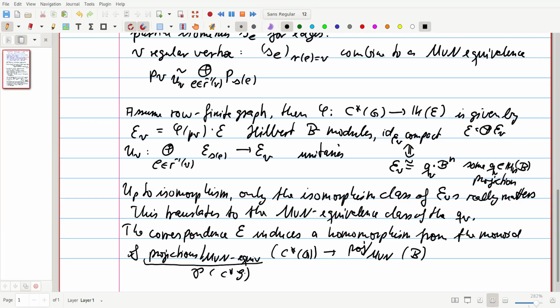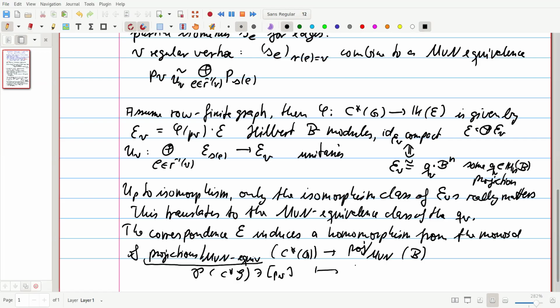And this still works if you have non-unital C-star algebras. It's very basic. You just don't notice the lack of a unit element here. And this determines the Murray von Neumann classes of the PVs, because each of the vertex projections is, of course, giving you an element in this monoid for the graph C-star algebra. So here inside you have the class, oops, this was not Q but a P. You have the class of PV.